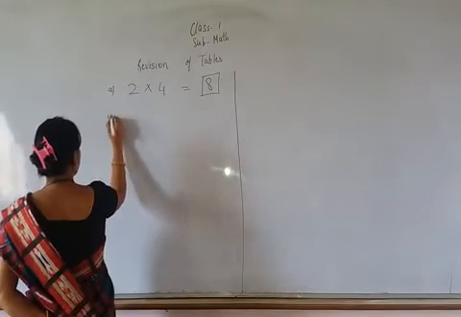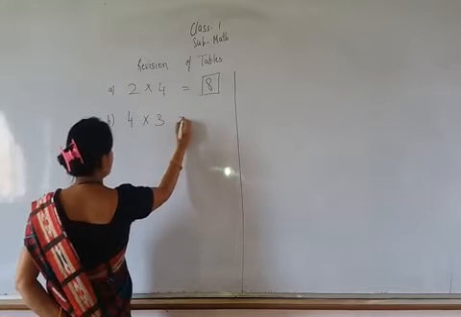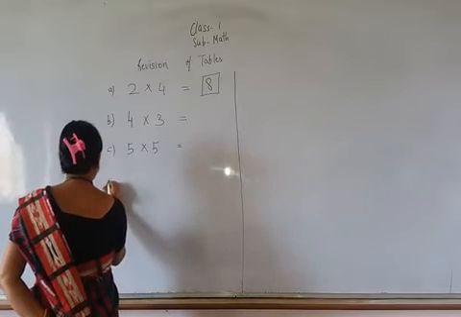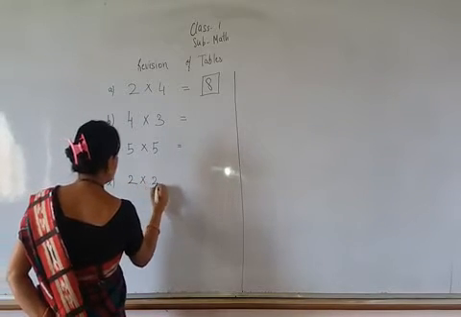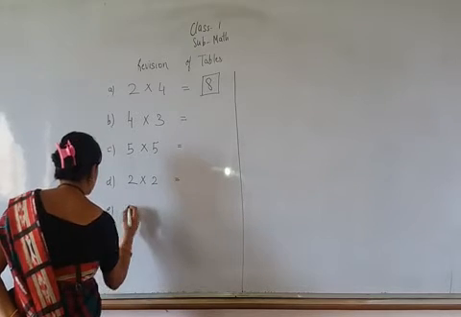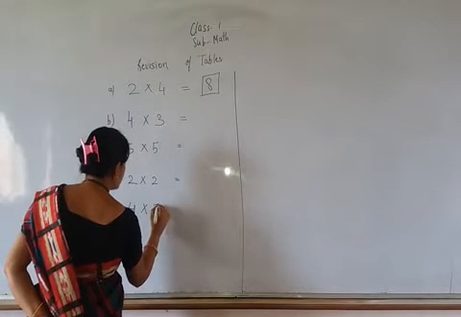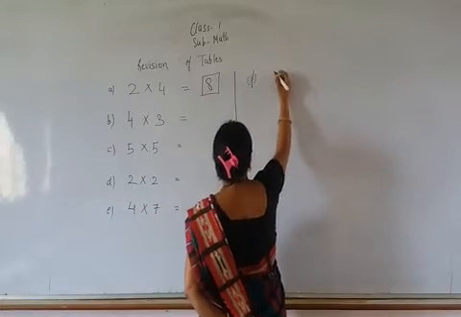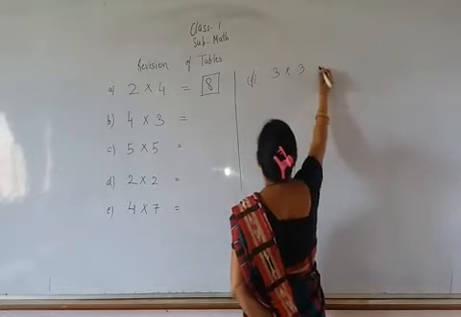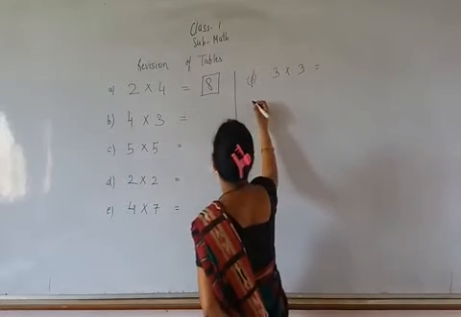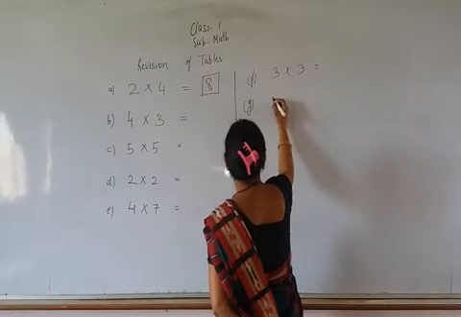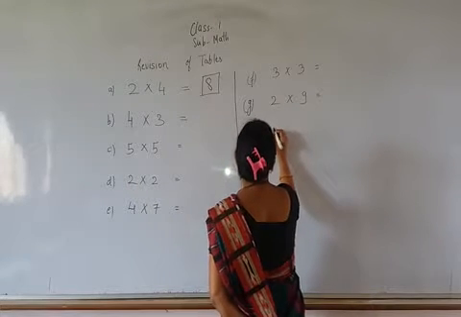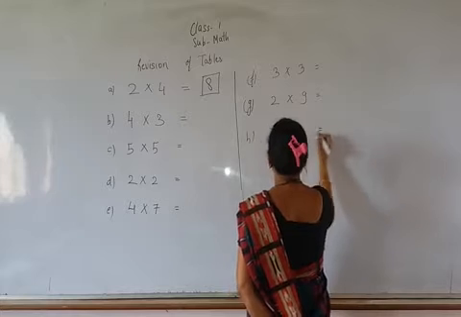Next I will write all the questions first and then we will write the answers. B. 4 into 3. C. 5 into 5. D. 2 into 2. E. 4 into 7. F. 3 into 3. G. 2 into 9. H. 5 into 2.